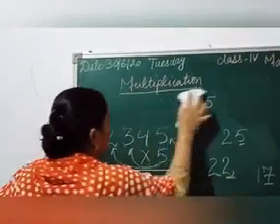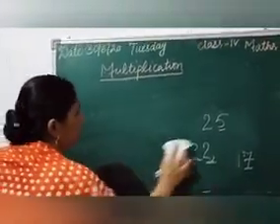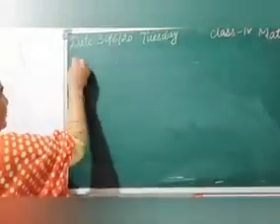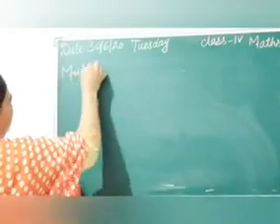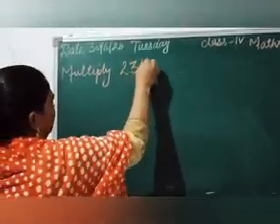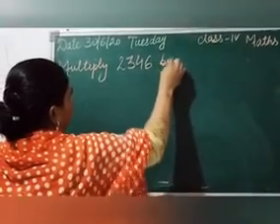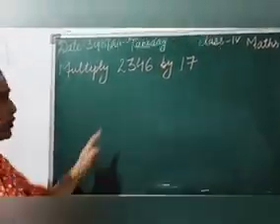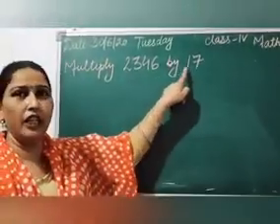Now after that, multiplication with 2 digits. For example, multiply 2346 by 17.